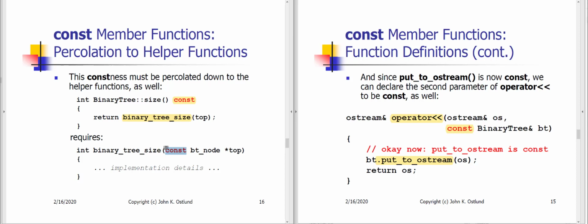Fortunately, back when we were implementing these helper functions, we were careful to use this kind of parameter declaration for any function that did not change the underlying values or shape of the tree. That is, the binary tree size helper function has to promise not to change the tree in order for the binary tree class size member function to be able to call the binary tree size helper function.